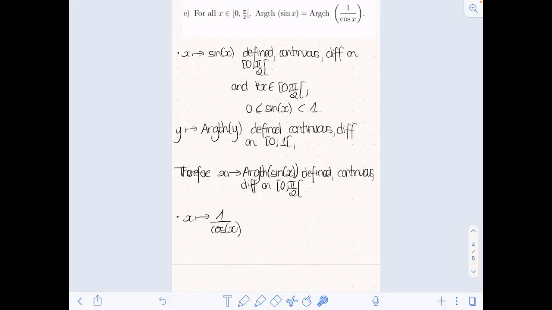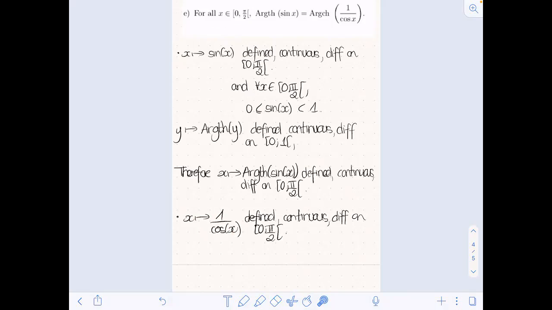Here this interval is well chosen, and we'll again get defined, continuous and differentiable on 0, π/2. Obviously you could find other parts of R for which this function is defined, continuous and differentiable, but here we're given a restriction to work on, so we can just use those values.